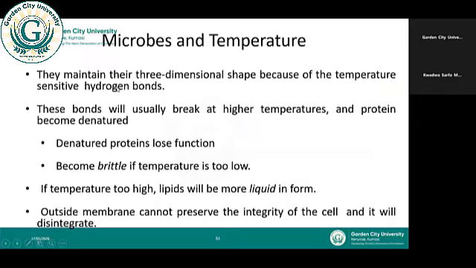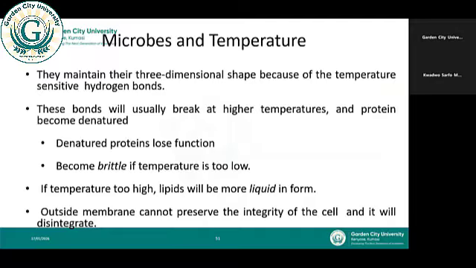So once you increase the temperature, you destroy the hydrogen bonds within the DNA or some of these macromolecules, and it will halt or disrupt the activities within the cell. That is why you always have to get the optimum temperature.